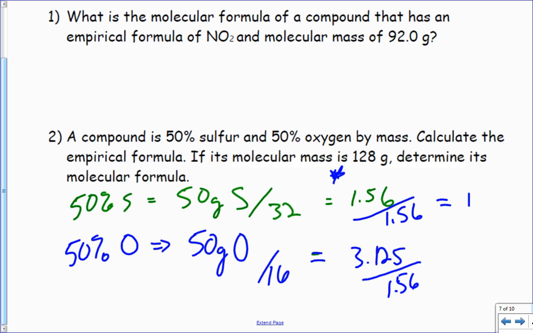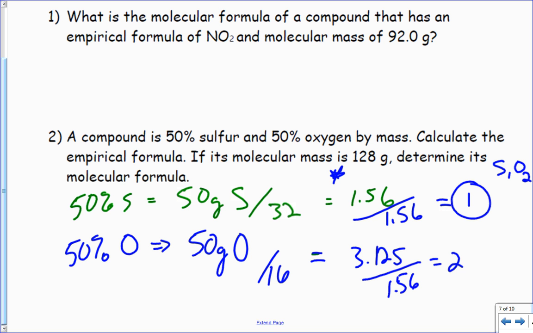And then I'm going to hope that this number comes to something that's remotely a whole number. All right, so this is obviously going to be 1. Now I'm going to say 3.125 divided by 1.56 equals, beautiful, 2. So here's my subscript: sulfur is 1, oxygen is 2.